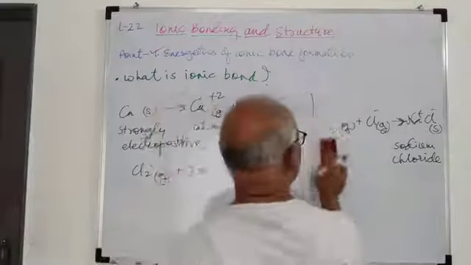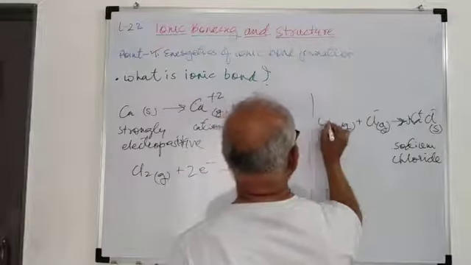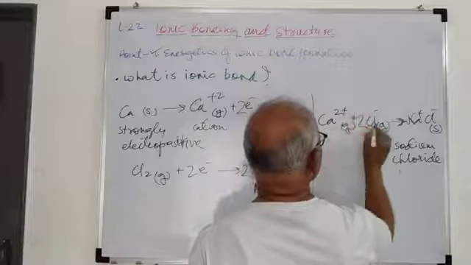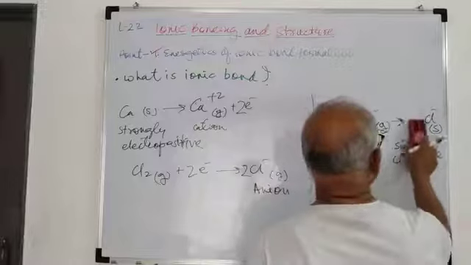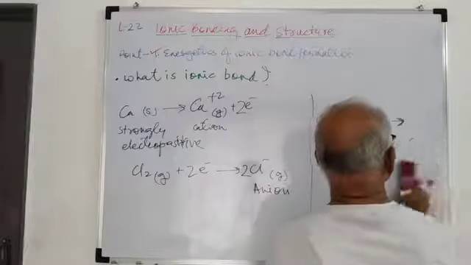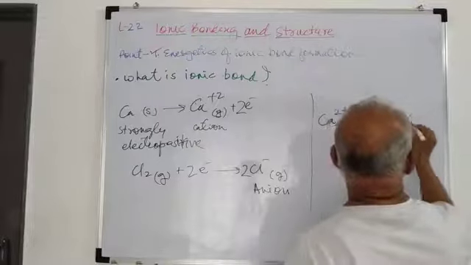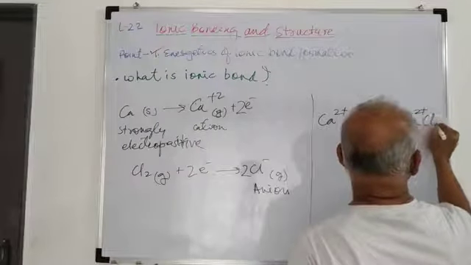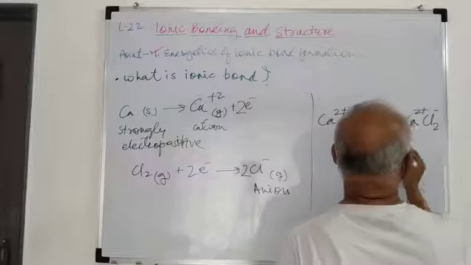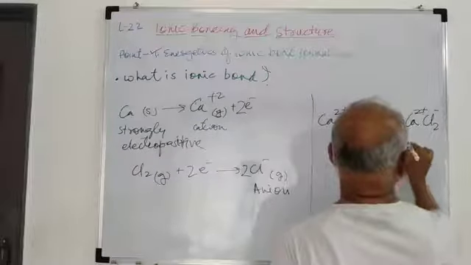Ca2 plus plus twice Cl minus gives CaCl2, that is calcium chloride.